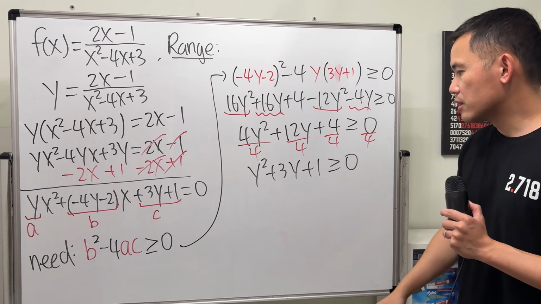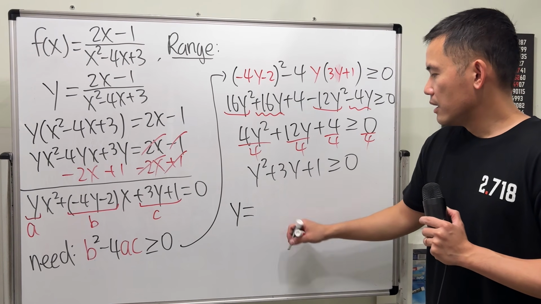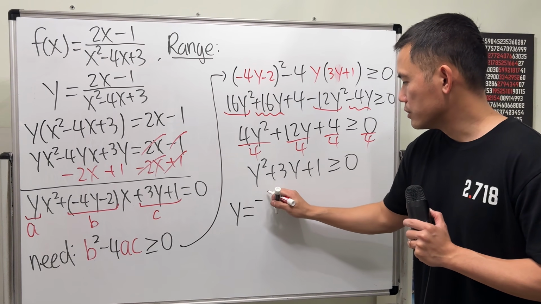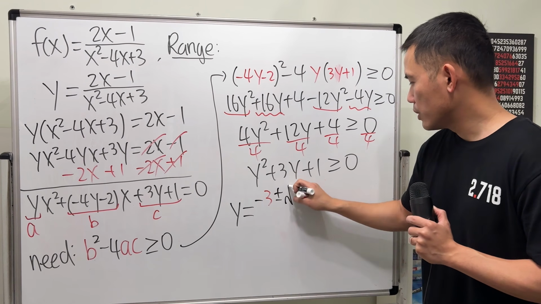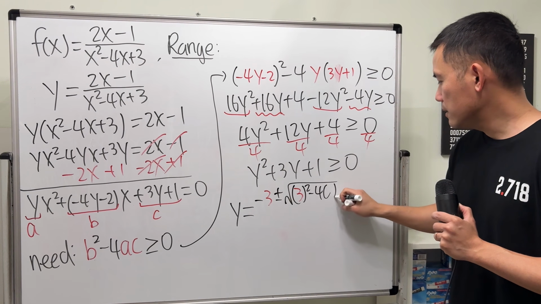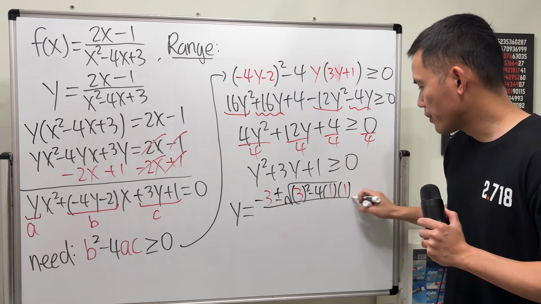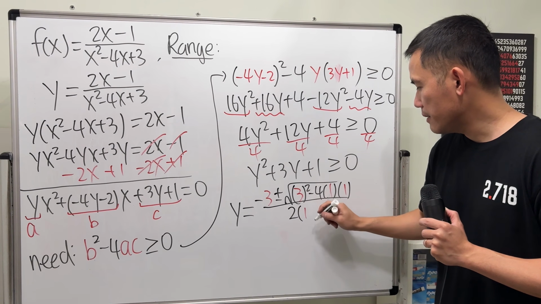Unfortunately, this is not factorable, but we can use the quadratic formula again. So we need negative b, which is 3, plus or minus square root of b squared minus 4ac. A is 1, c is 1, all over 2 times a.